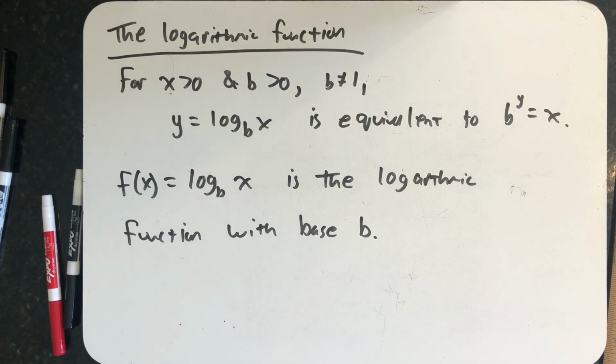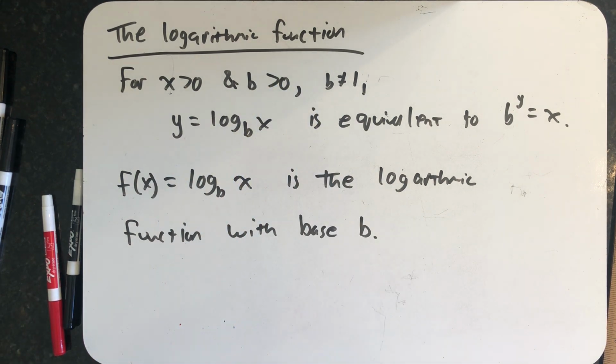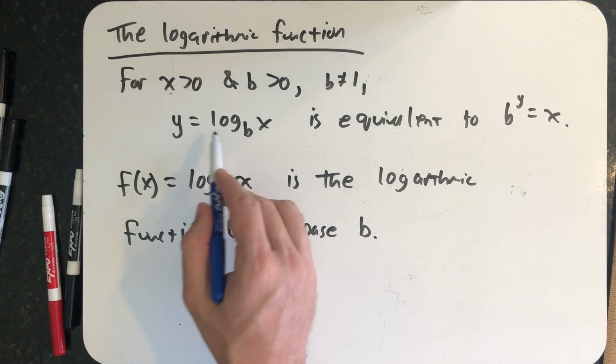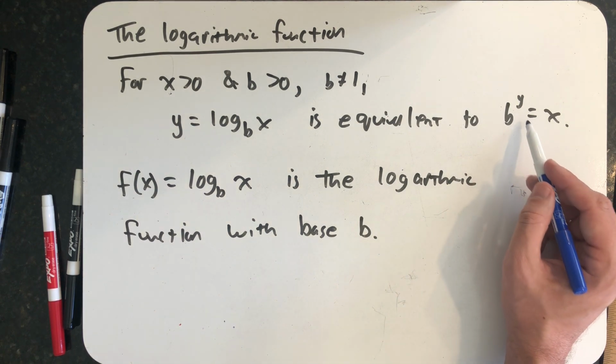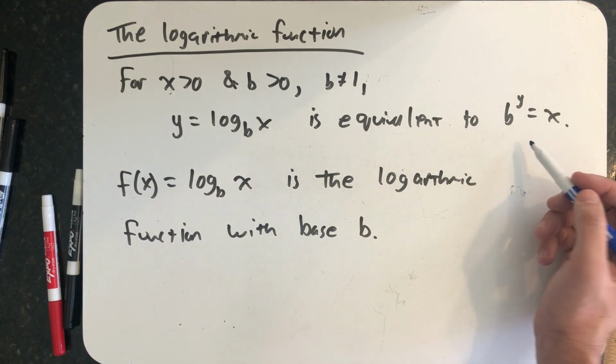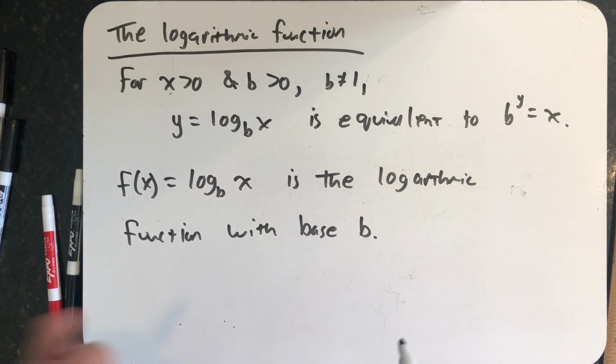So for x larger than 0 and b bigger than 0 and not equal to 1, that's the same rule for the bases we developed for our exponential functions. y equals the log base b of x is equivalent to b raised to the y power equal to x.